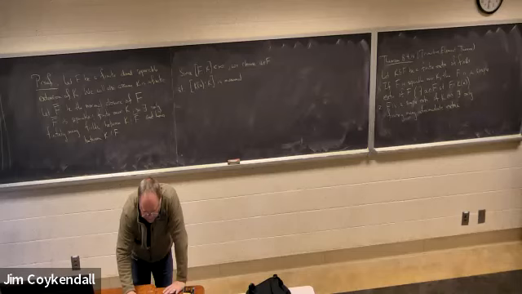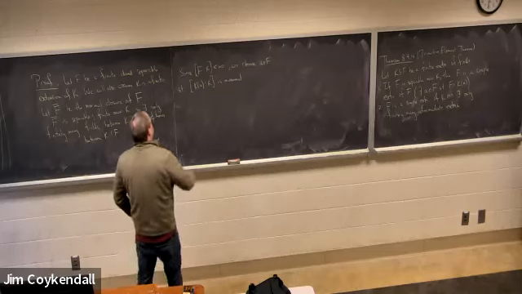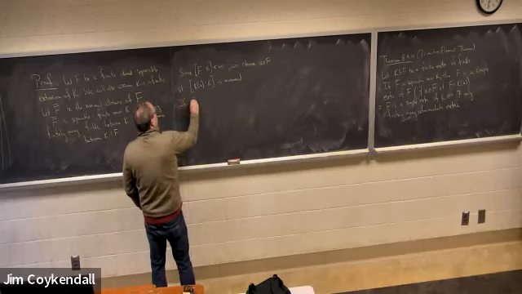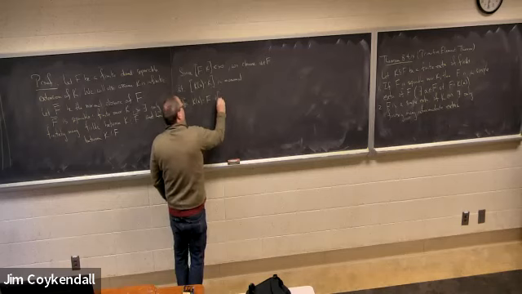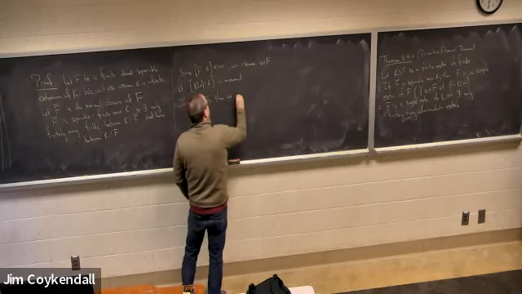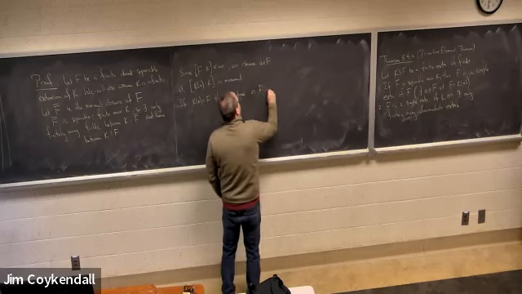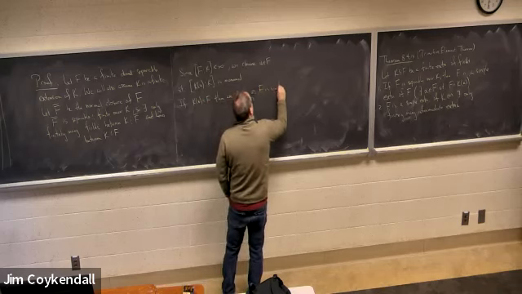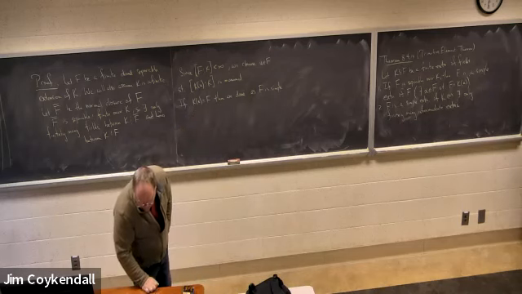So if K(U) is F, then we're done. F is simple. Now, what if not?